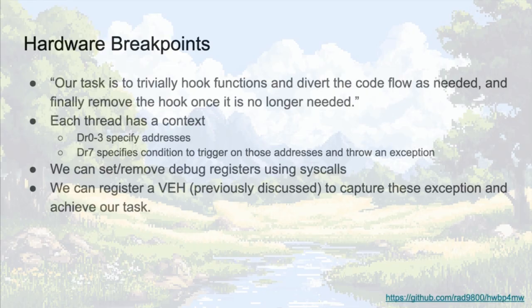So we've got these debug registers: 0 through 3 specify the addresses, and 7 specifies the conditions, the preliminary conditions to actually trigger on those specific addresses and throw an exception. We previously discussed vectored exception handlers, and we can register a vectored exception handler to capture these debug register exceptions, and we can set and remove these debug registers with syscalls, because it's a privileged thing.